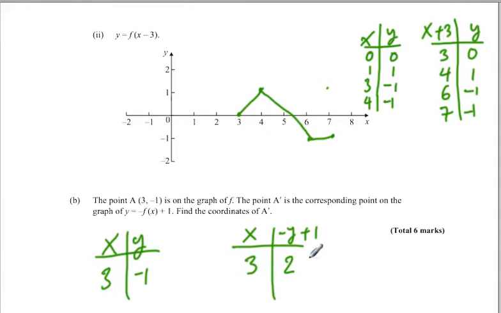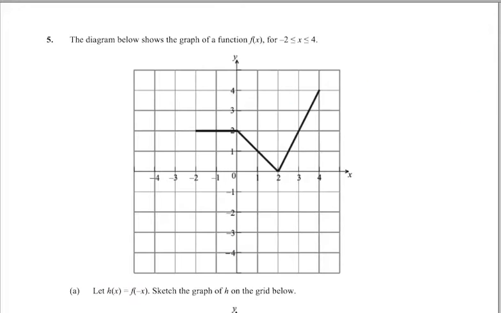So it's (3, 2). Let me double check that. Negative y, negative 1, so 1 plus 1. Perfect, yes, that's 2, and that's our solution. The coordinates of A prime are (3, 2). And we're done. Let's go to the next one.